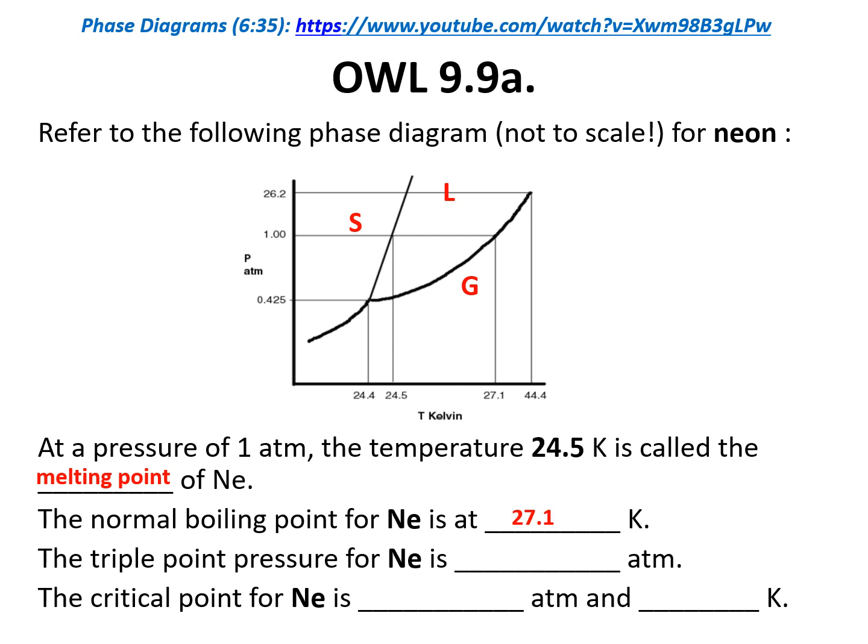The triple point is sort of the center of this wishbone-looking graph, and this looks like it occurs at 0.425 atmospheres and 24.4 Kelvin. Critical point, if we move up into the right at that tip top between liquid and gas, occurs at 26.2 atmospheres and 44.4 Kelvin.